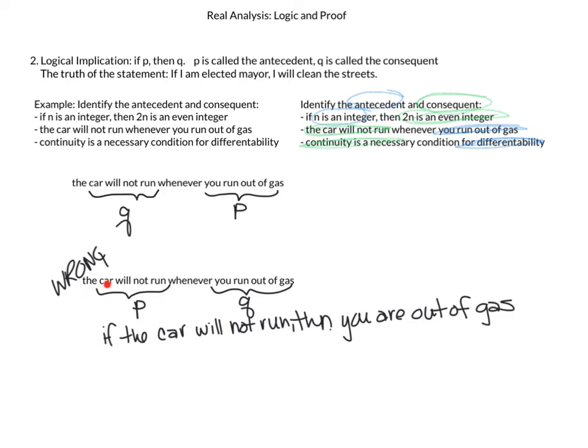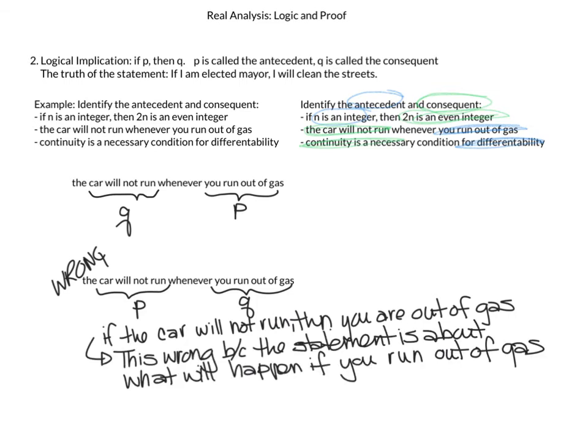This is not about what we can conclude when your car will not run. Also, this is a false statement. But just to write this out, this identification of antecedent and consequent is incorrect, because the statement is about what will happen if you run out of gas. So if you run out of gas is our antecedent.